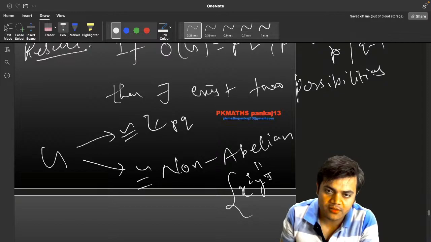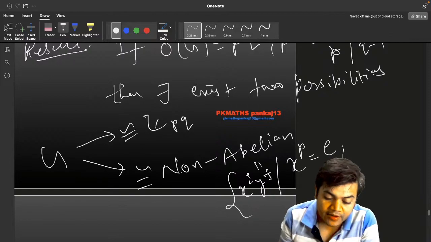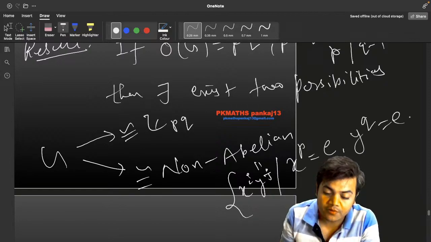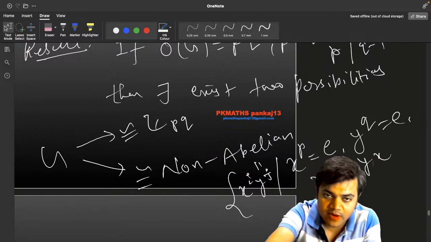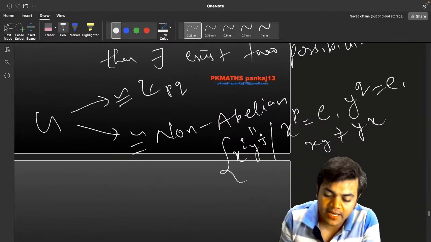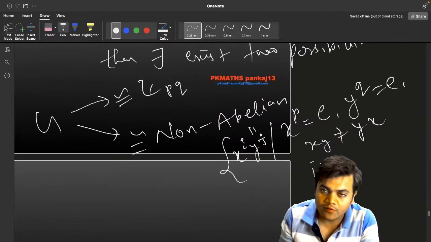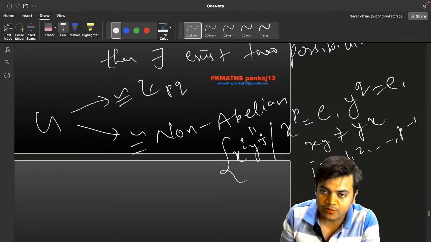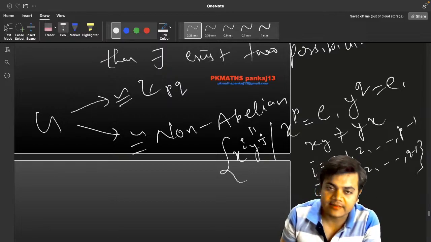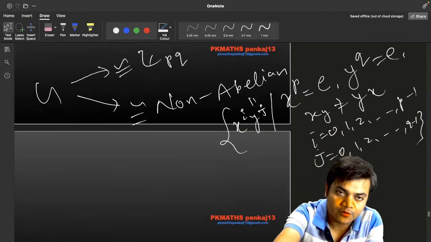We can construct the non-abelian group in this form: x raised to the power p is equal to e, and y raised to the power q is equal to e, and certainly as it is non-abelian, xy is not equal to yx, and don't forget that your i goes from 0 to p minus 1 and your j goes from 0 to q minus 1. Yes, these are the things for the non-abelian group.